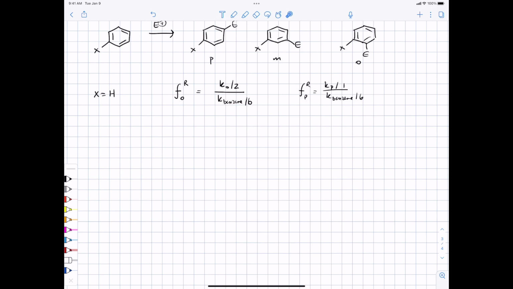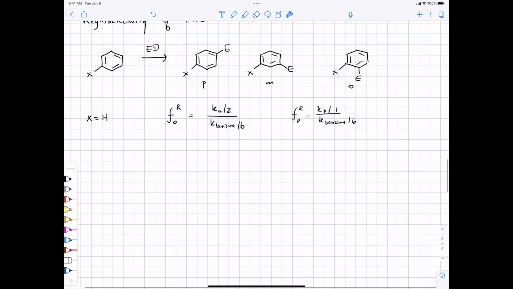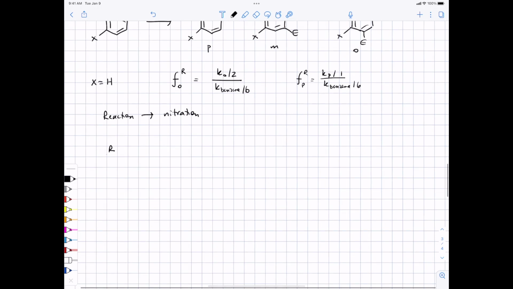And so I don't really have the reference for you. The reaction, though it is in your text, the reaction is nitration. So our group is, let's say, methyl, t-butyl, and chloro.